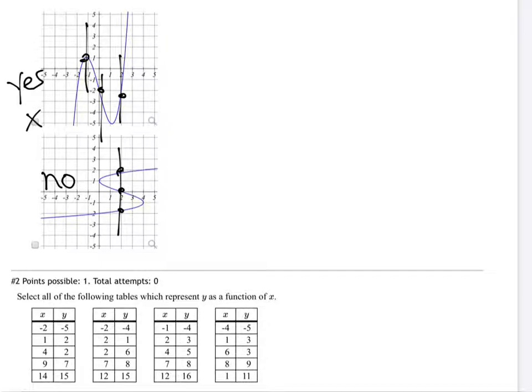So the rules now, because we're going to be getting into it. Same thing here. They also want select all where y is a function of x. Now there's no pictures. Now there's tables.